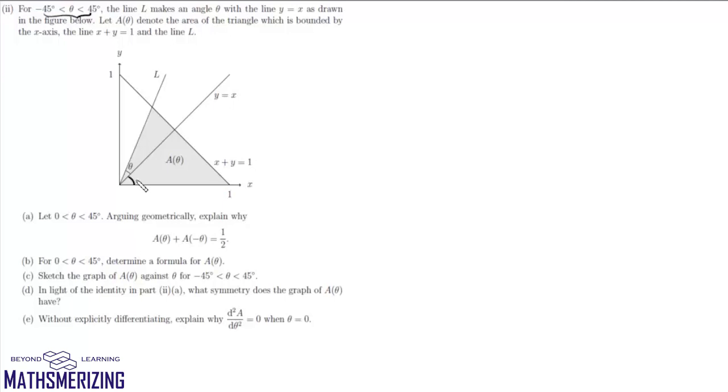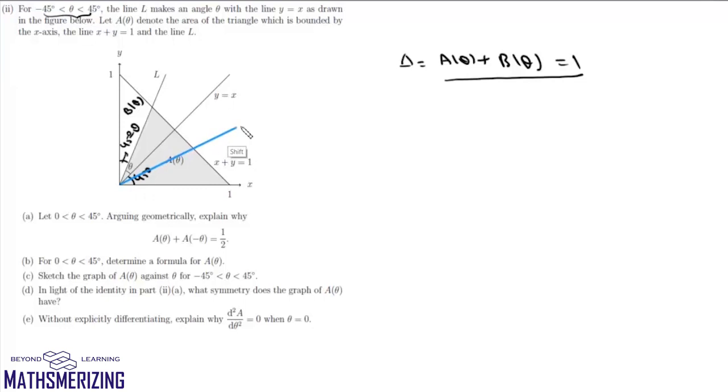Now this angle is 45 and this angle will be 45 minus theta. Now we'll write the area of this triangle. Area of this triangle will be A(theta) plus this area, and suppose this area is B(theta). And the area of this triangle is 1. So from here we can say the value of A(theta) plus B(theta) is 1. Now we'll take minus theta.